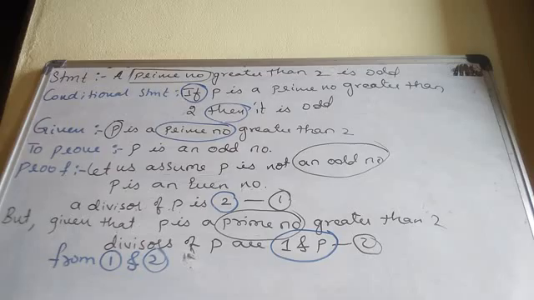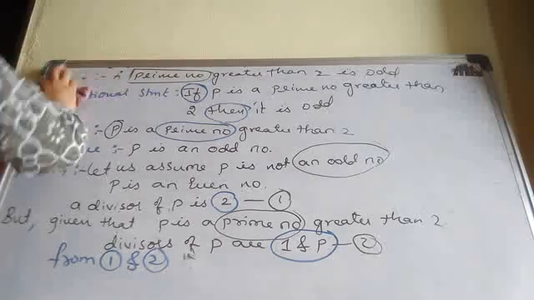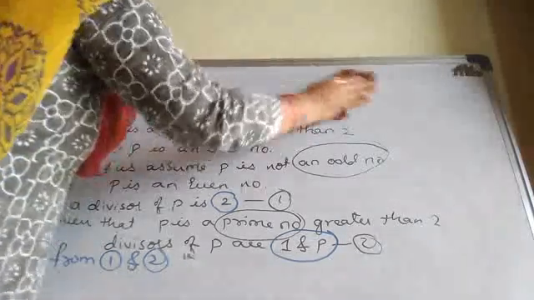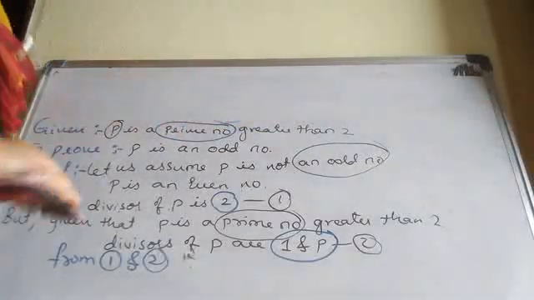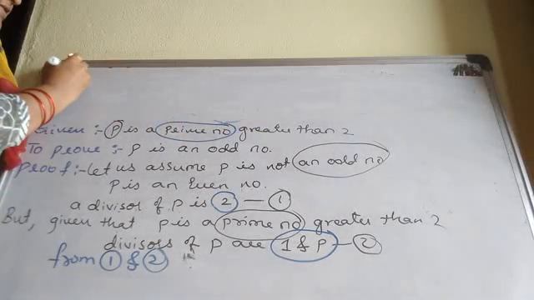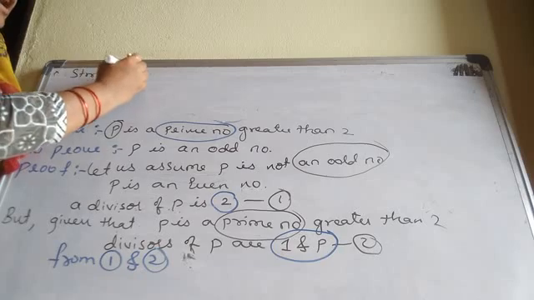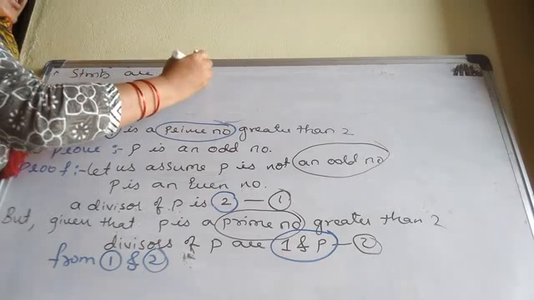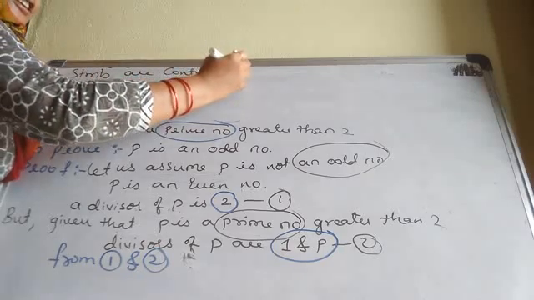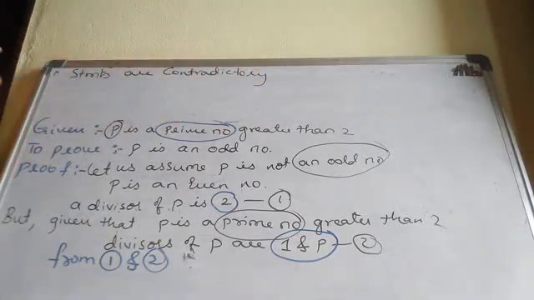From statements 1 and 2, it is a contradiction, or contradictory. Okay, contradiction you can tell, or contradictory.